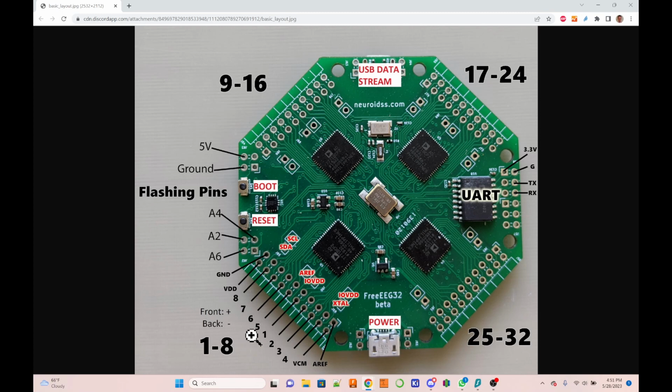So it's a little bit counterintuitive. It starts in the middle with 1, 2, 3, 4, and then it starts again in the middle with 5, 6, 7, 8. This right here is the positive terminal of the first channel that comes out of the data stream. And you can label it however you want. That depends on whatever software you use.